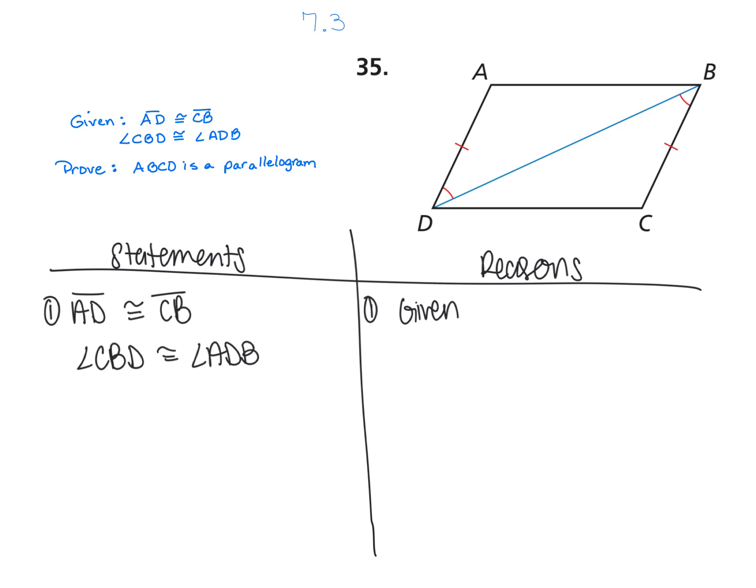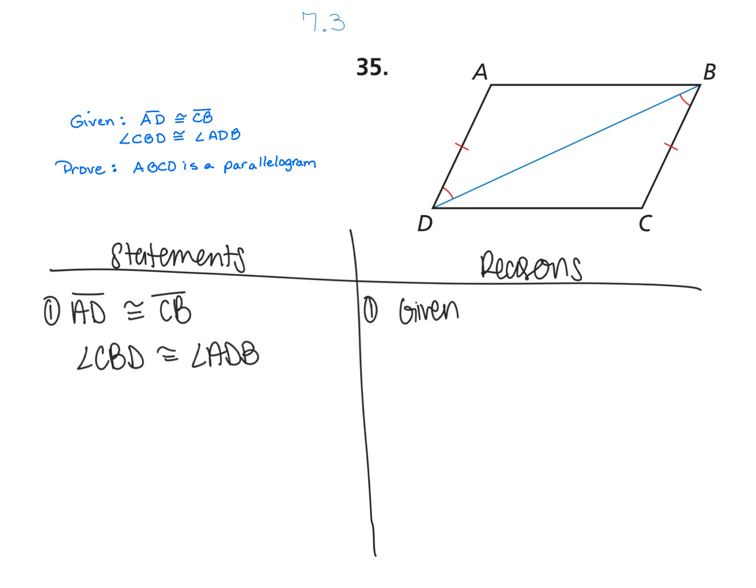Okay. Looking at it, I can see that I have alternate angles. So they're kind of giving me my transversal. If I'm looking at it that way, they're giving me alternate angles. Again, you have to remember what makes a parallelogram a parallelogram, you have to remember those theorems.